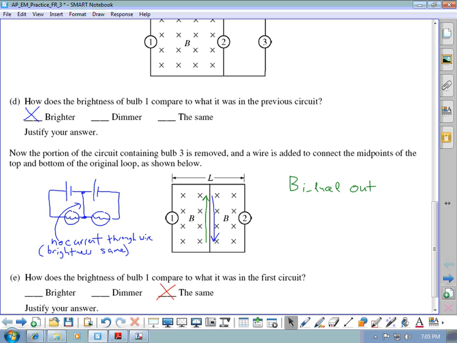And so if we look at that, those two currents cancel each other out. Those two currents add up to 0. That wire has no current through it. That wire has no effect on the circuit.